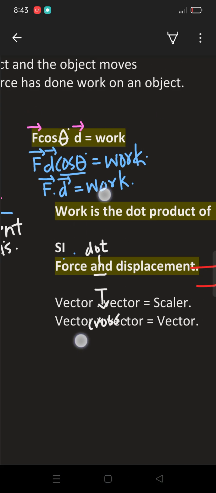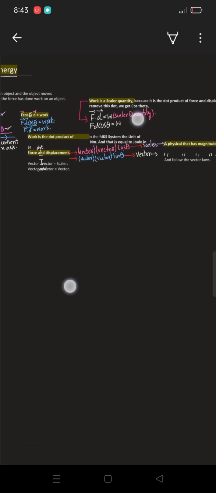Or in SI, right? In SI, the unit of work is joule, right?